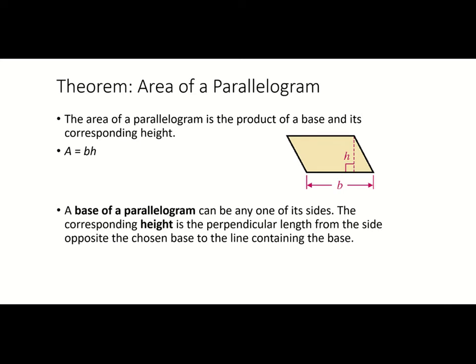Next, we have a theorem for the area of a parallelogram. Since we just introduced parallelograms in Chapter 6, the formula is the same as a rectangle. It's base times height. Here, just know that the height is the perpendicular length from the side opposite the chosen base, and it has to be perpendicular, so it's often inside the parallelogram.